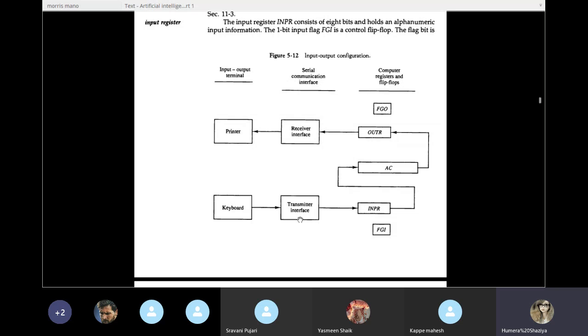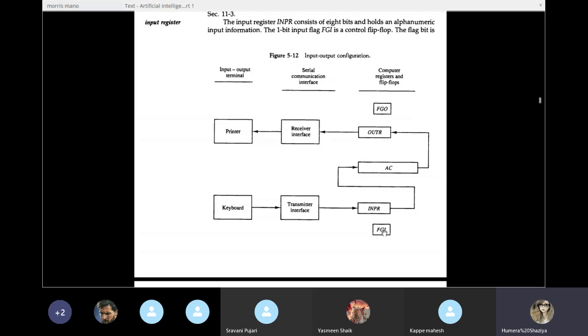So when you press A or any other key, T, H, it goes through the interface into the input register and is stored there. And then this flag is set to 1. Why is this flag set to 1? To indicate that there is some data available in the input register.